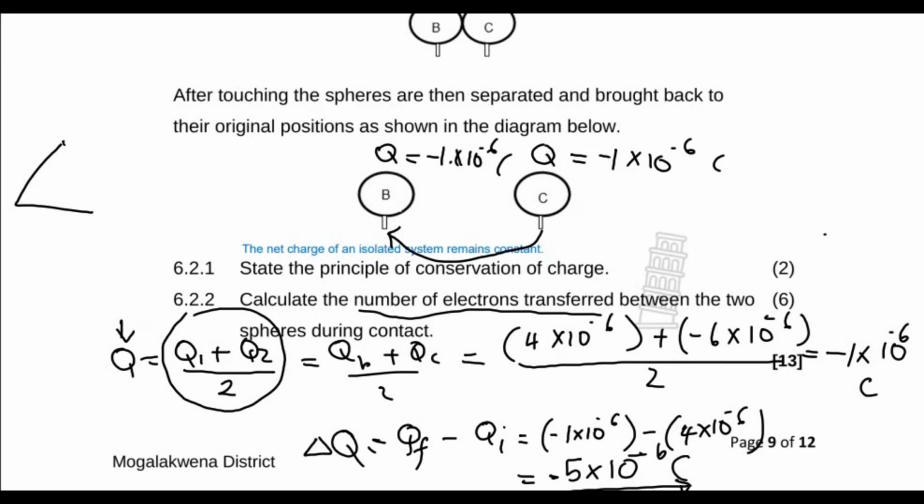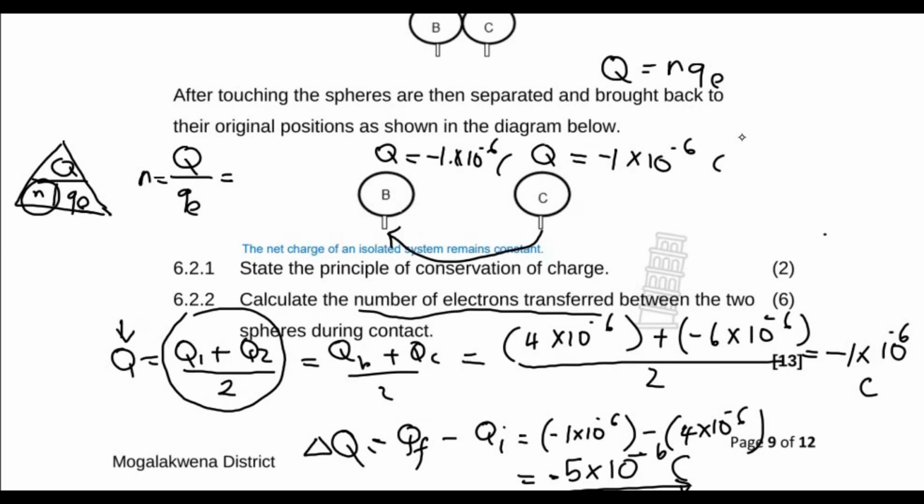From the charge quantization formula, we know that Q equals NQE. I want to calculate N, so my N is going to be given by Q at the top, the numerator, divided by QE.